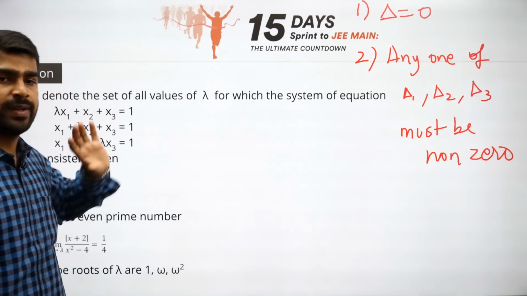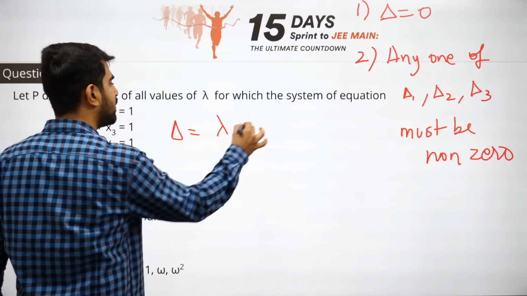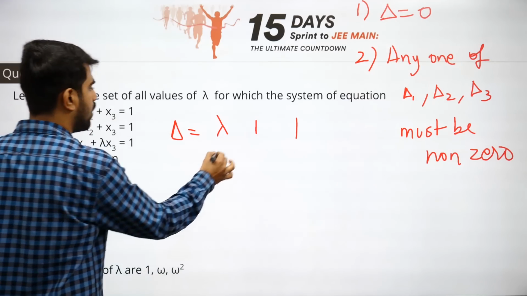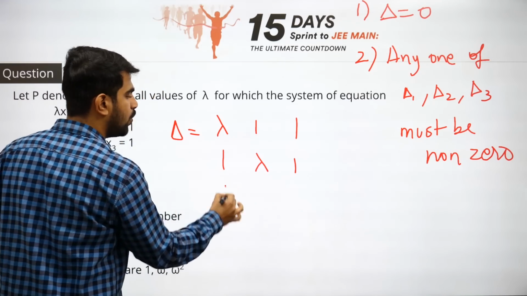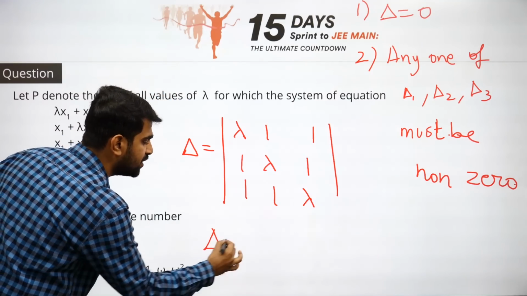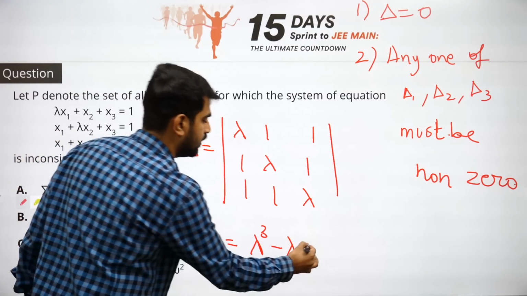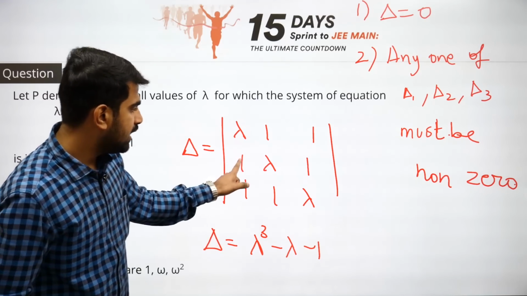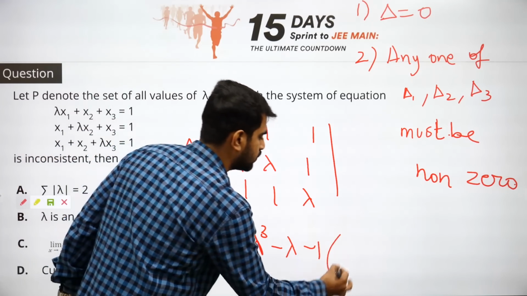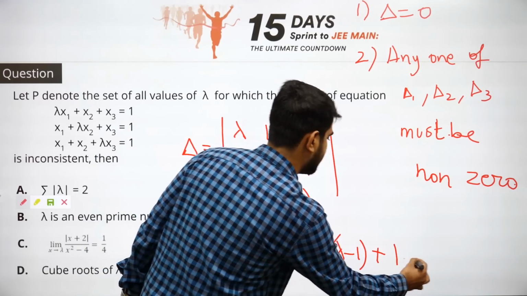Now let me get solving. What is delta? Delta is equal to the determinant with rows lambda 1 1, 1 lambda 1, and 1 1 lambda. When I open this, what do I get? Lambda cube minus lambda minus 1 times lambda minus 1, minus 1 times lambda minus 1, plus 1 minus lambda.